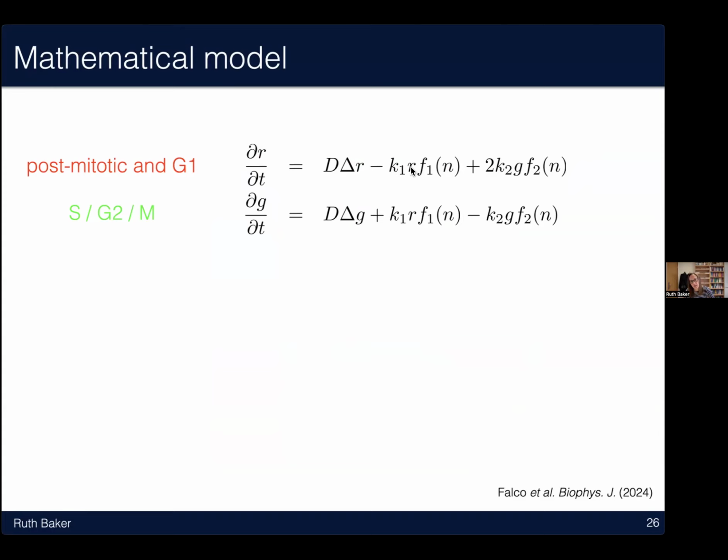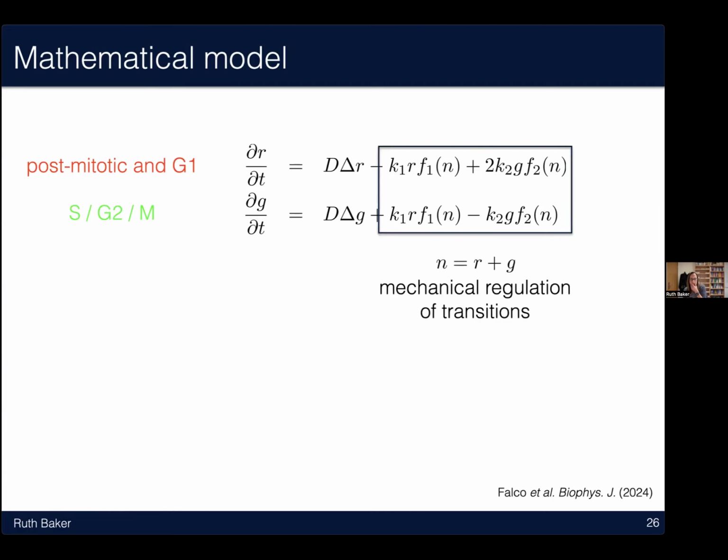We also needed some feedback of the local cell density onto the rate of transitions from cells in G1 into SG2M of the cell cycle. So essentially what we did was try to capture in general form the crowding-based mechanical regulation of transitions by incorporating terms that depend on the total cell density in our model.